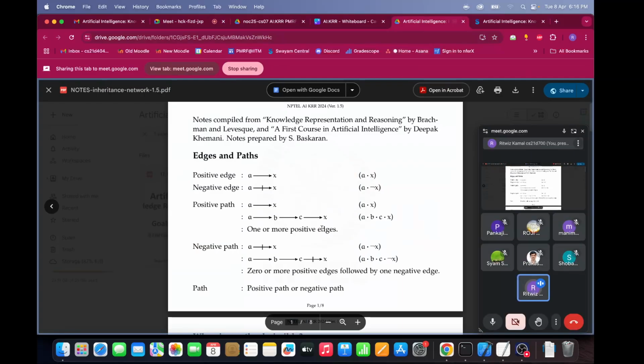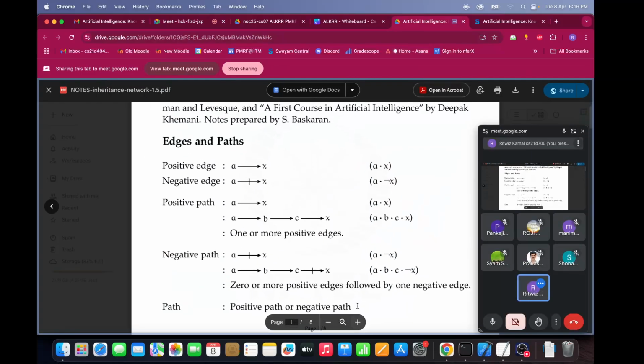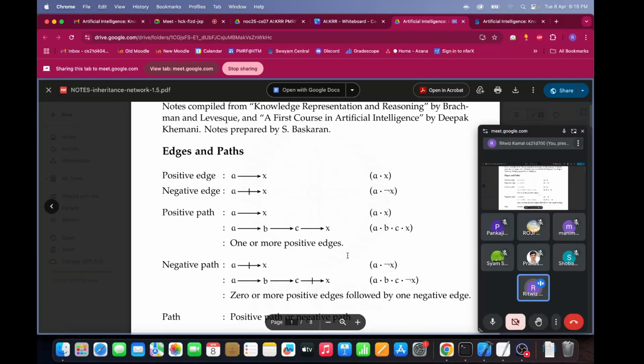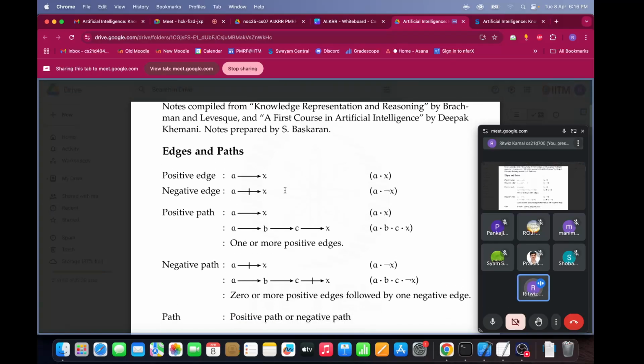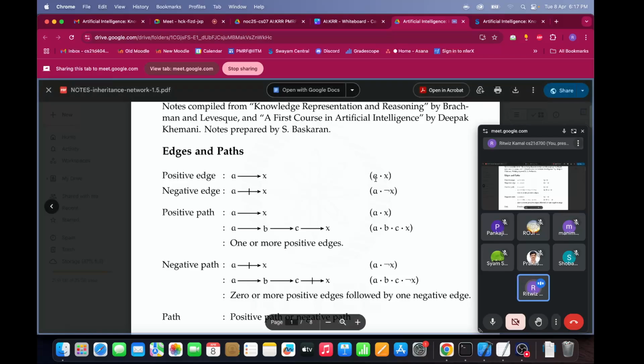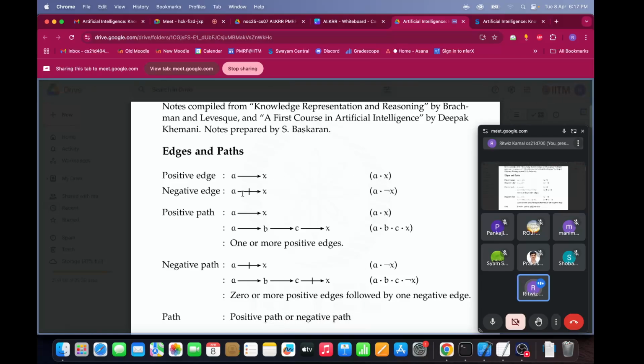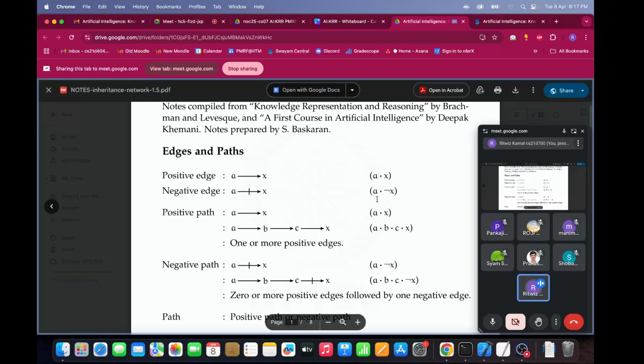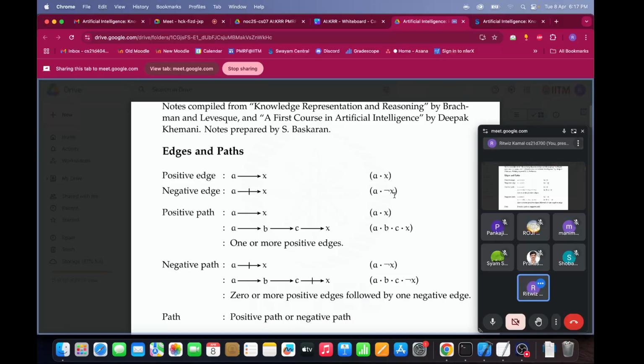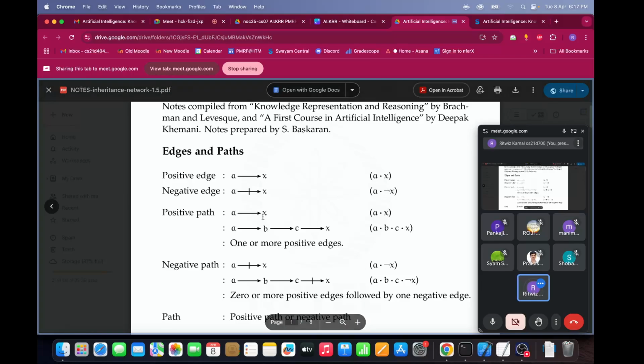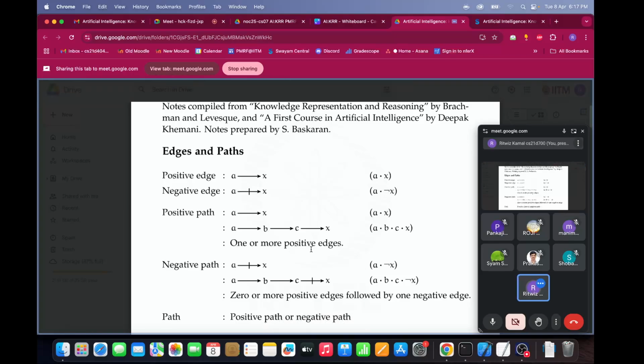If not, maybe we can have a quick look at these concepts. So first we need to know what is a positive edge and a negative edge. So an edge going from node A to node X without any cut in the arrow is called a positive edge, and it's denoted by A dot X. And the negative edge has a cut in the arrow, and it is denoted by A dot not of X. Okay, and a positive path is a collection of one or more positive edges, and a negative path is a collection of zero or more positive edges.